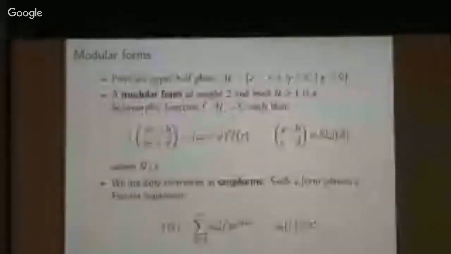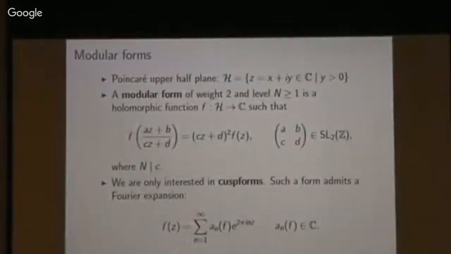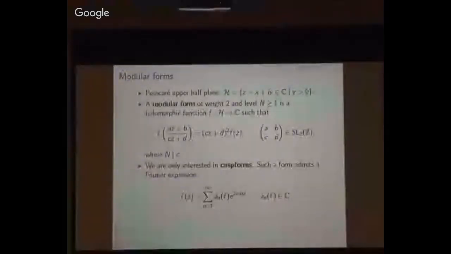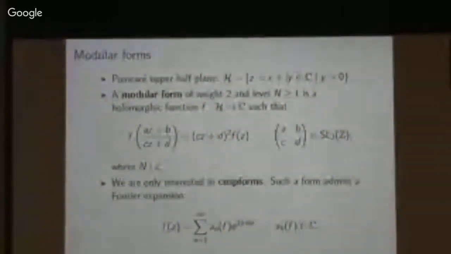And cusp forms have the special property that they admit a Fourier expansion of this form starting at n equals 1. In general, a modular form will also have another term for n equals 0, but a cusp form will start at 1. And these coefficients, a_n of f, are in the complex numbers.